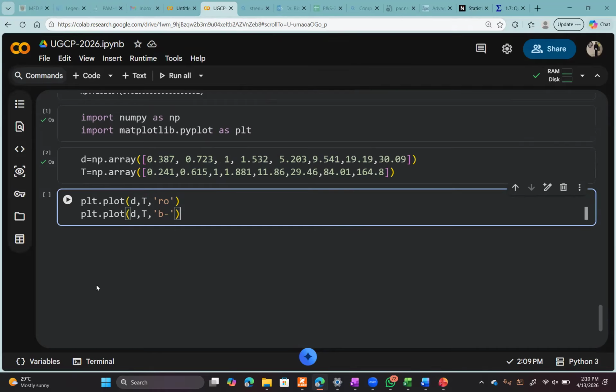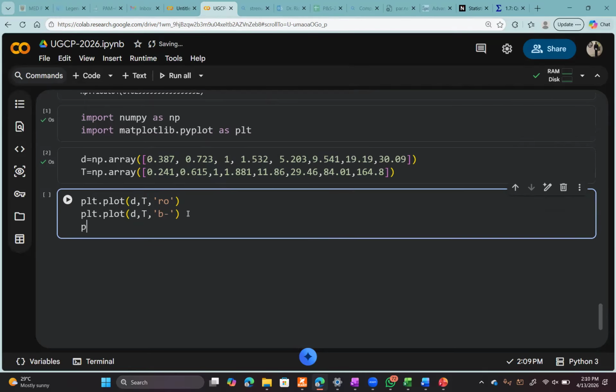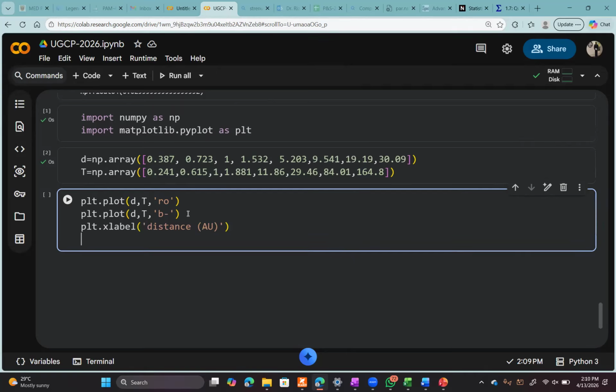Oh, no, not that smooth one, just connecting those points. On the x-axis, the label is distance, and it is in astronomical units. And on the y-axis, the label is time, and this is in years, with reference to the Earth.